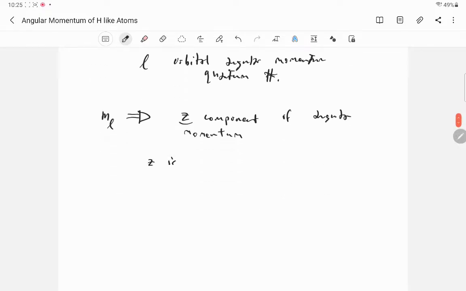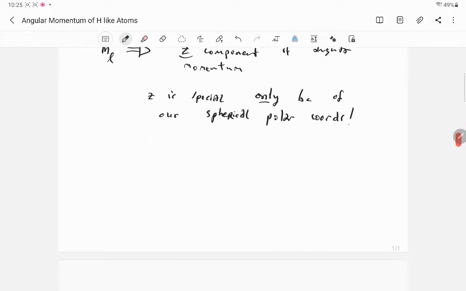Z is special only because of our spherical polar coordinate system. You remember that our coordinate system, in a sense, picked out z to be special, and made x and y, in a sense, equivalent. So the x direction, the y direction, the z direction.